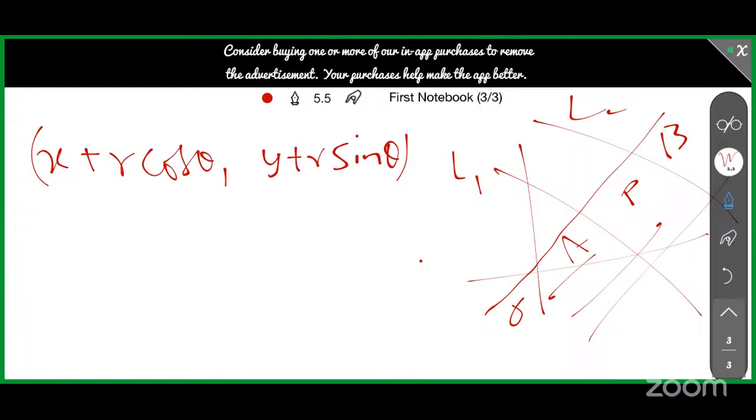It could be distance, sir. What distance? Distance between the points A and B. No, it's not the A and B distance. Let's try to explain this concept again.